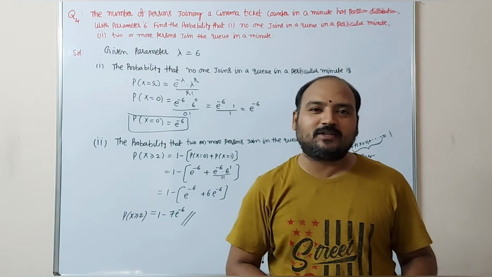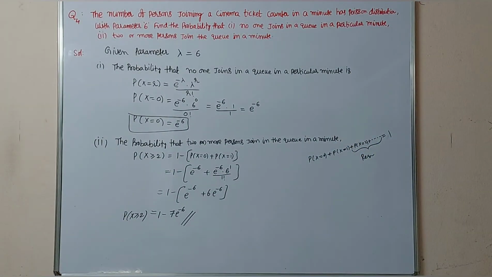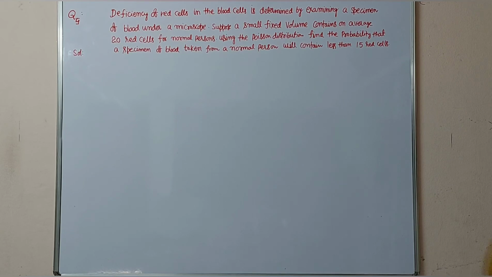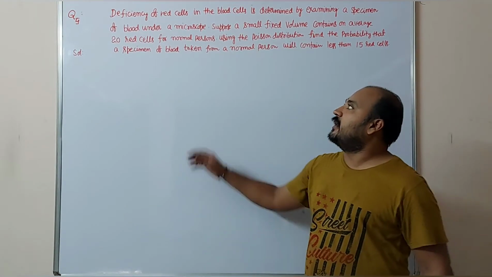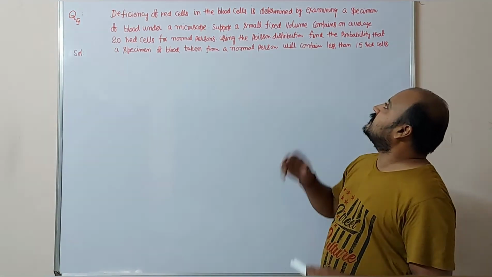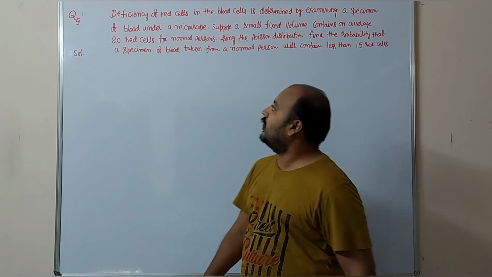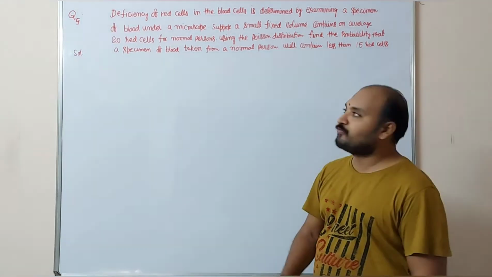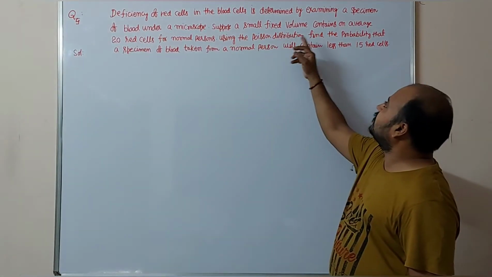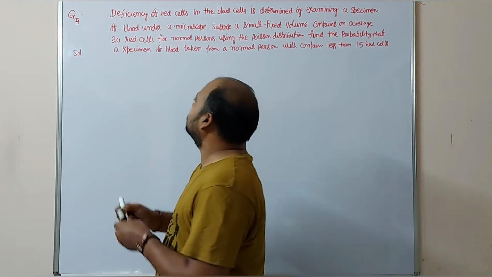We'll move to the next question and last question. Deficiency of red cells in the blood cells is determined by examining a specimen of blood under a microscope. Suppose a small fixed volume contains an average of 20 red cells.